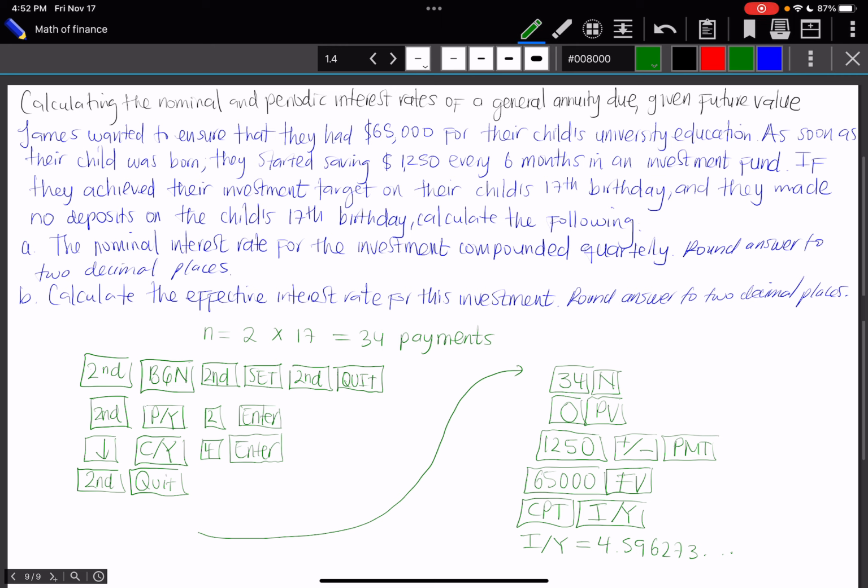Now, the value displayed on your calculator may slightly vary from the value above due to intermediate rounding. Now, if we round the answer to 2 decimal places, we get 4.6%. So 4.6% is the nominal interest rate for the investment compounded quarterly.